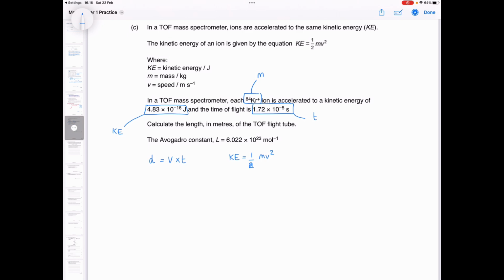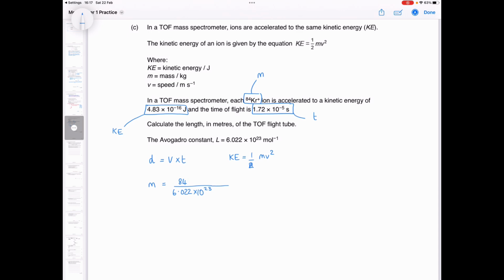So let's start by calculating the mass of the ion, which is each ion has a mass of 84. And so then we're going to divide that through by Avogadro's number, 6.022 times 10 to the 23.